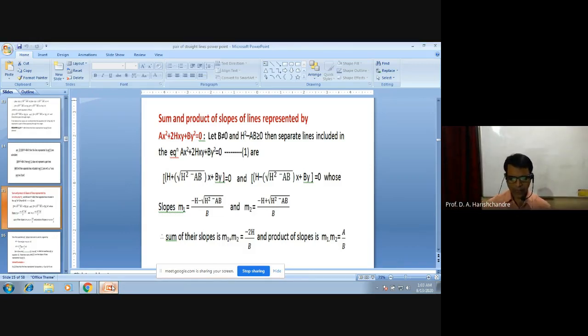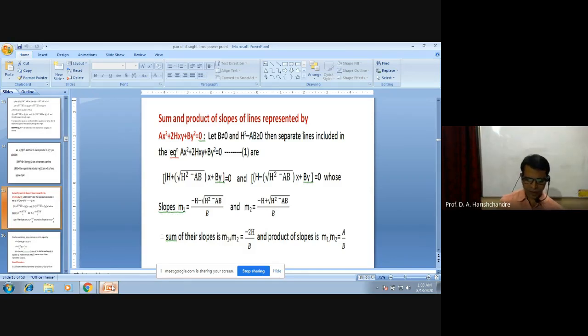Whatever two lines are included in that, those two lines are passing through origin. We want to obtain their slopes separately, and then we have to obtain the addition of those slopes as well as the product of those slopes.